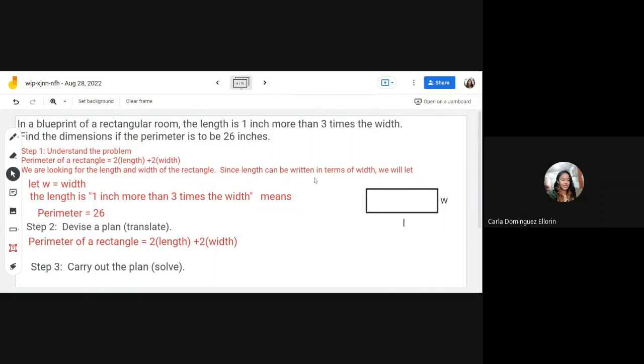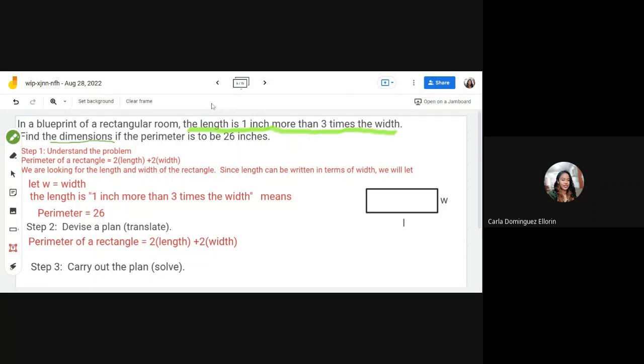So since length can be written in terms of width, given doon sa problem natin, so what we are looking for is, we are looking for the dimensions. So, hinahanap natin yung value ni length at saka ni width. And given in our problem, that the length is 1 inch more than 3 times the width.